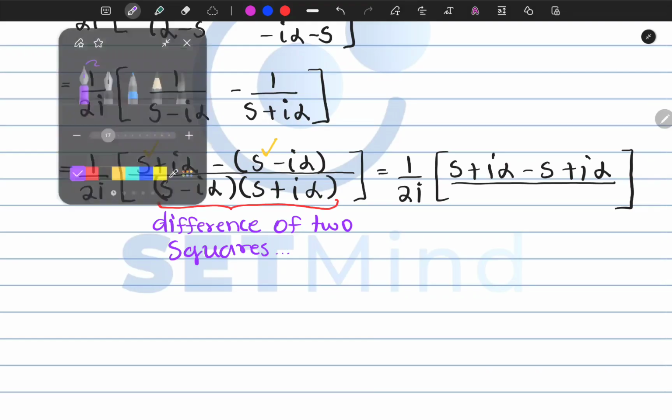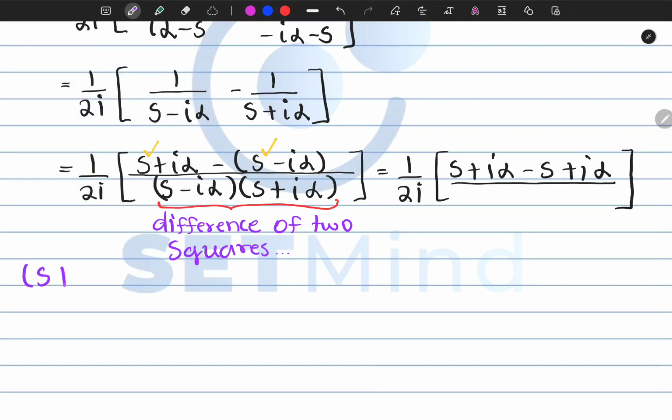If I quickly do it on the side, you'll see that we have s plus i alpha multiplied by s minus i alpha. When you multiply the s's, you'll get s squared, and then you'll get minus i alpha s plus i alpha s. And then when you multiply i alpha with minus i alpha, we get alpha squared.